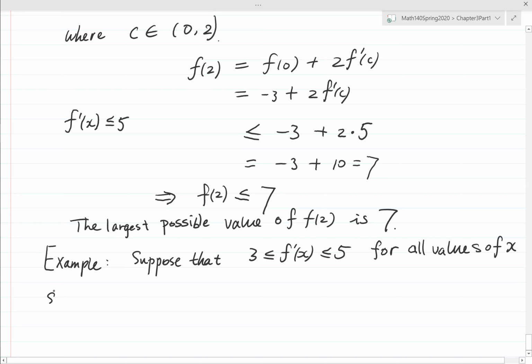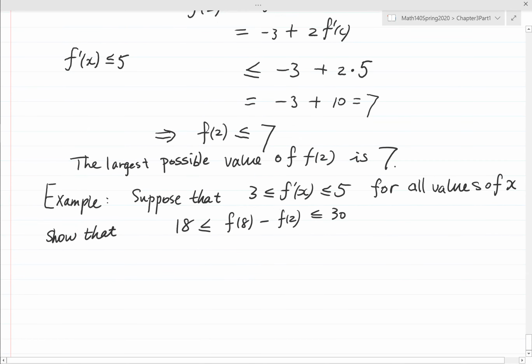So the difference of the function values at 8 and 2 is controlled from above and from below.